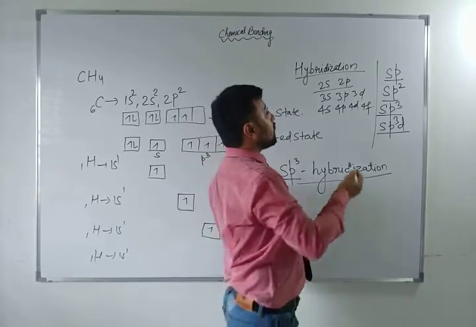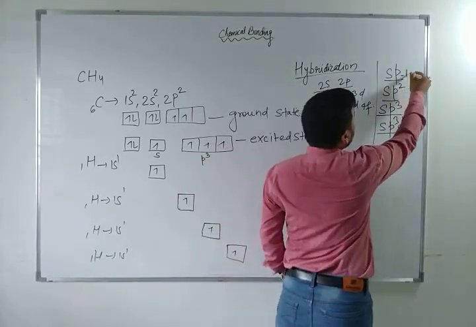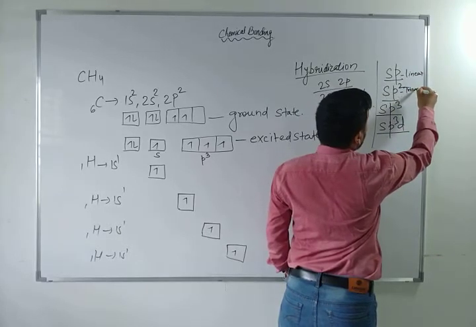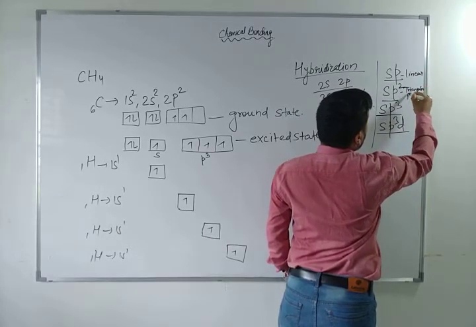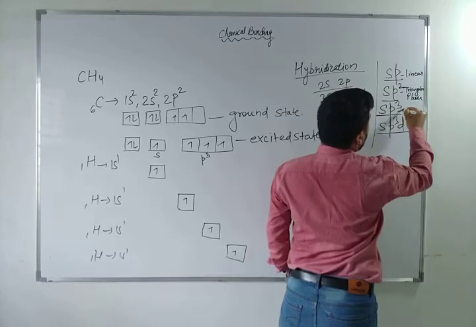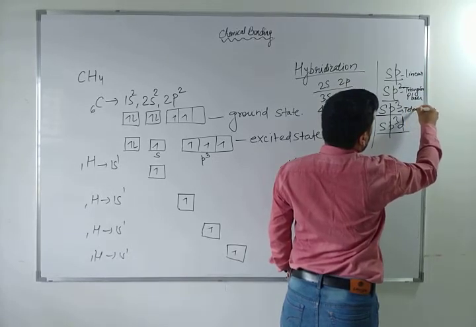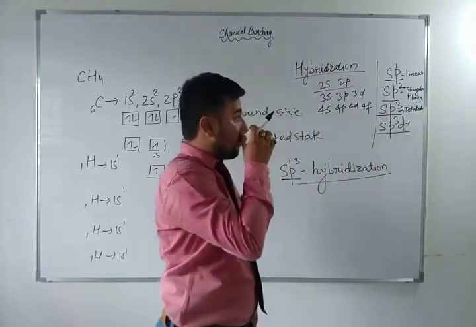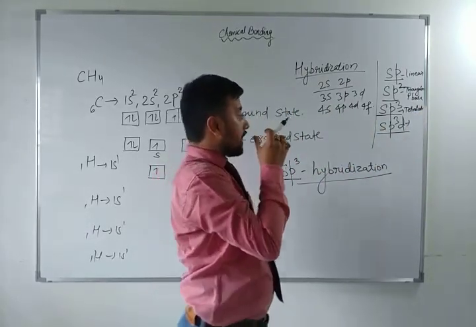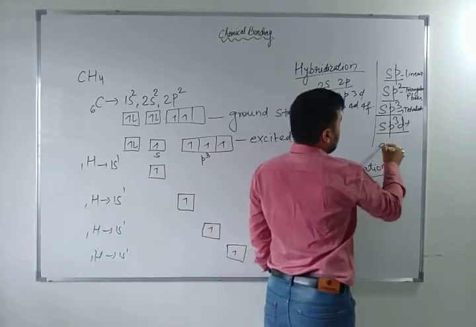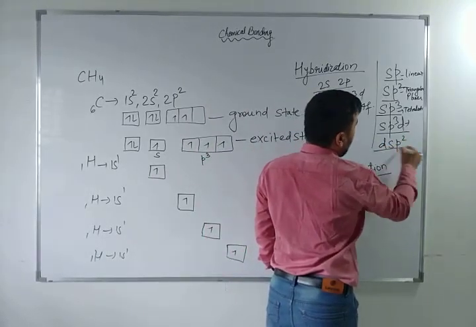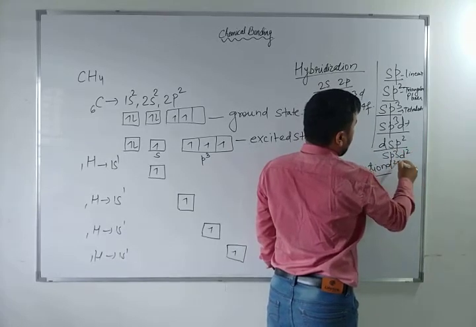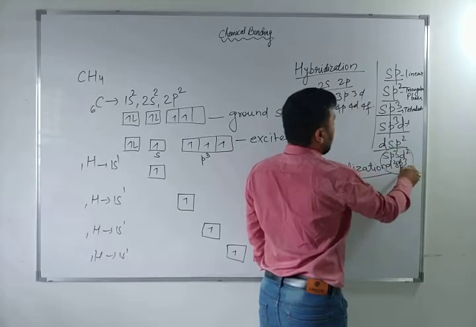If anybody asks you what the structure is: linear, triangular planar, tetrahedral, trigonal bipyramidal, pentagonal bipyramidal, dsp2 square planar, sp3d2 or d2sp3 octahedral.